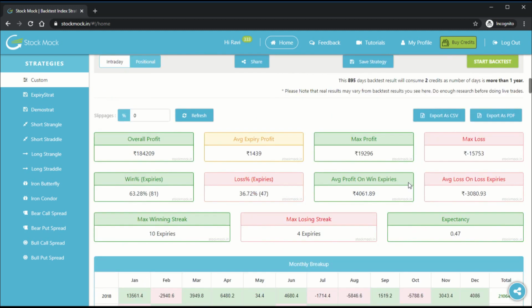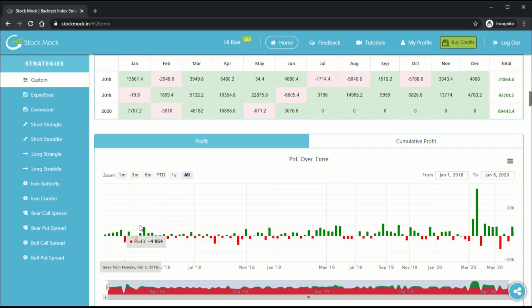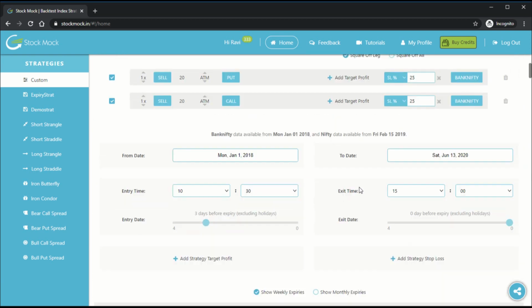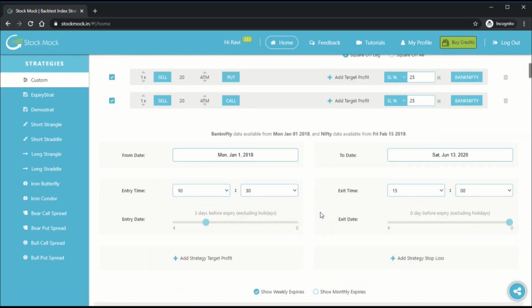As you can see, this is the profit and loss at the stop loss that we have set for this particular strategy. And let me show you another beautiful feature available in StockMock.